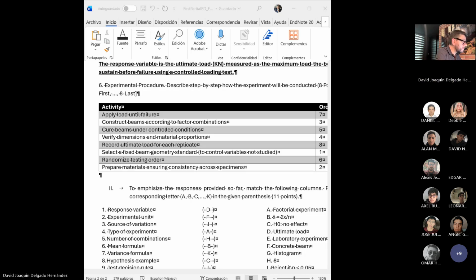Let me see. The exam was on the 20th, right? So I graded this on the 21st. So let me just check.